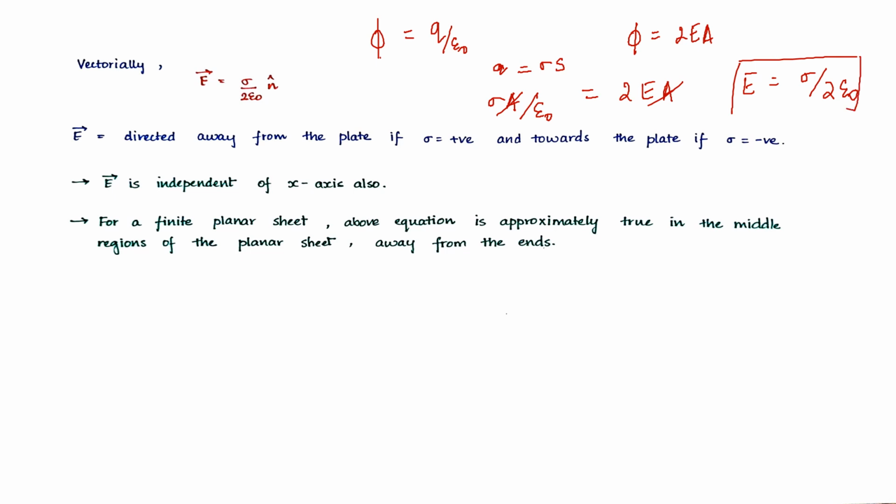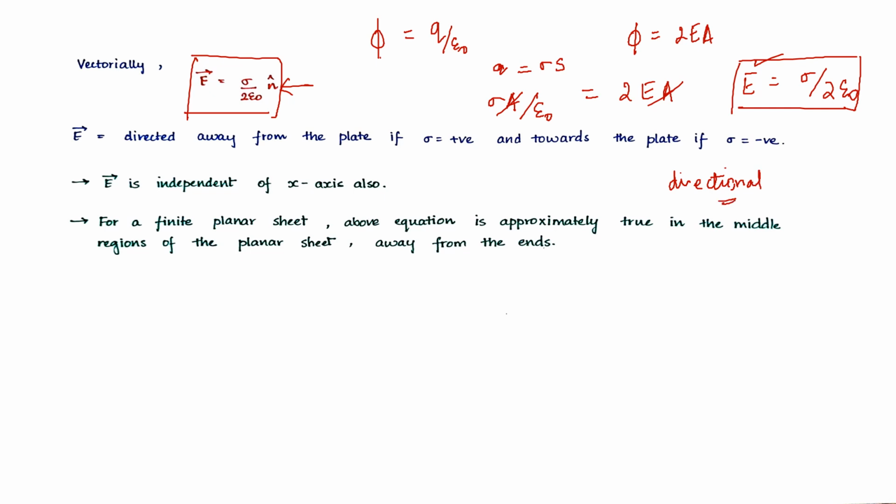So this is what we have got, and we have written this vectorially like this: E vector equals sigma by 2 epsilon naught into the unit vector. Why are we introducing the unit vector? Just for the direction. As I have told you multiple times, it is very much necessary for a vector to have both direction as well as magnitude.